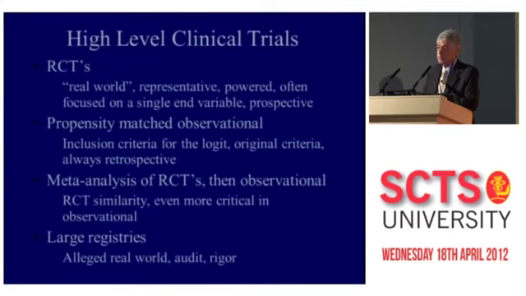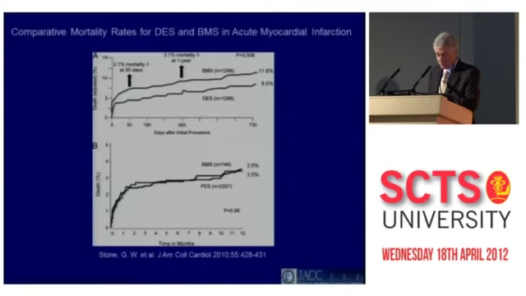Today we use a propensity analysis, which is a very sophisticated statistical tool for trying to match patients in one population with patients in another population based on a series of characteristics or variables that are defined. And that's where the danger lies.